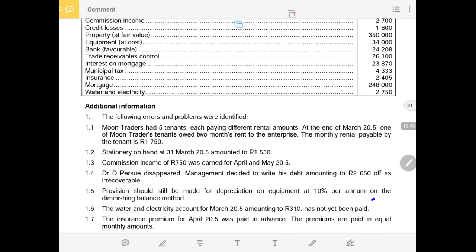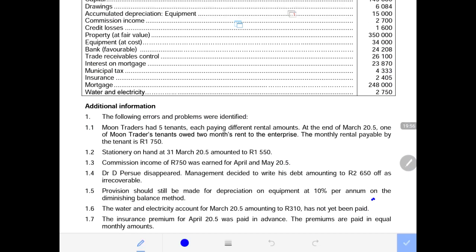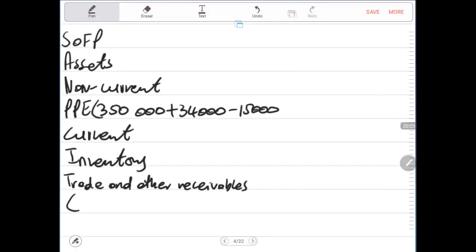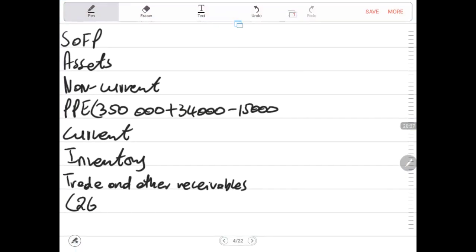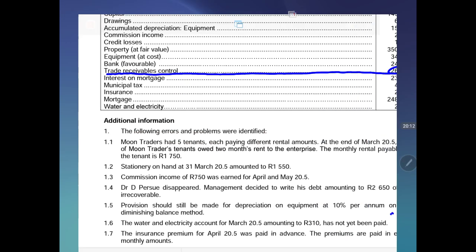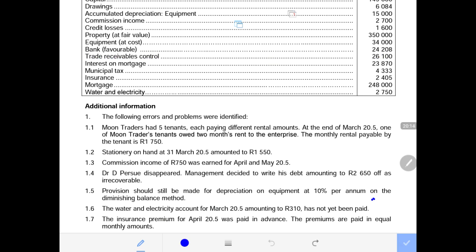Let us look at the trade receivables. There we do have the amount of trade receivables. Trade receivables control is 26,100 rands. There will be other accruals and prepayments that will be provided.